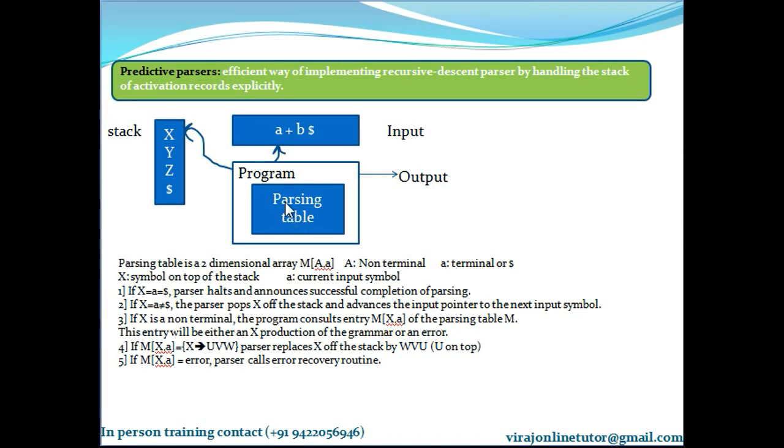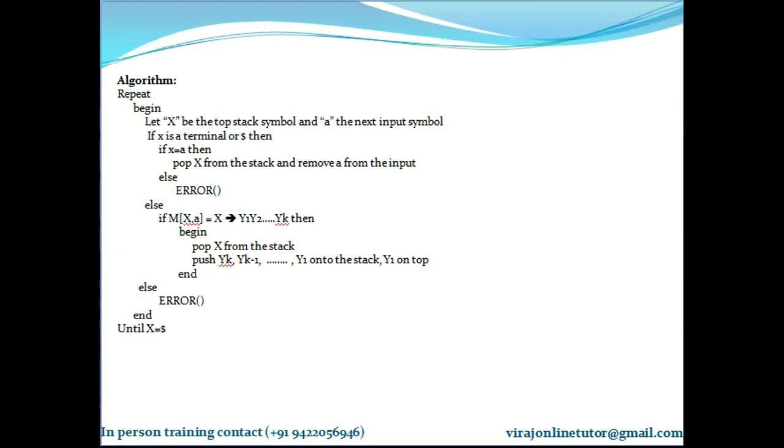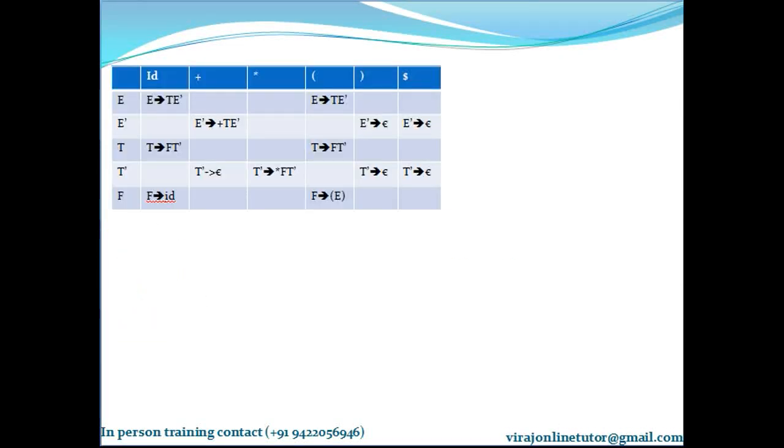This is a parsing table, which is a two-dimensional array of non-terminals and terminals. It looks like this, in which all non-terminals we write here and all terminals we write here.